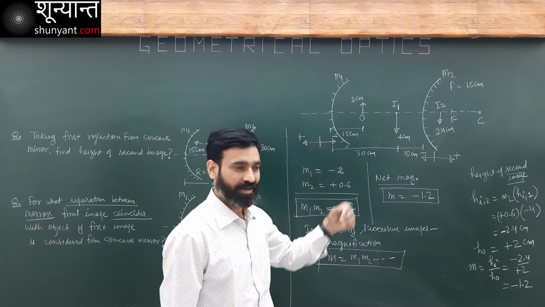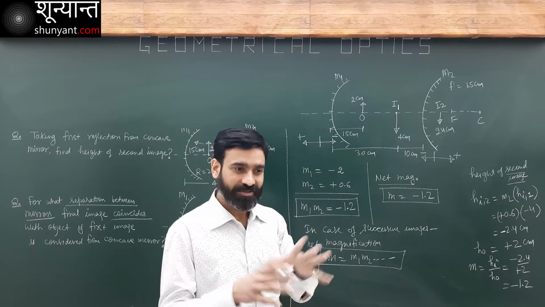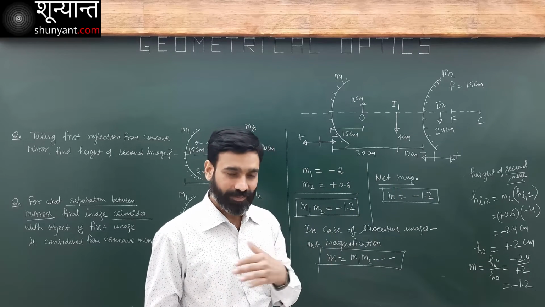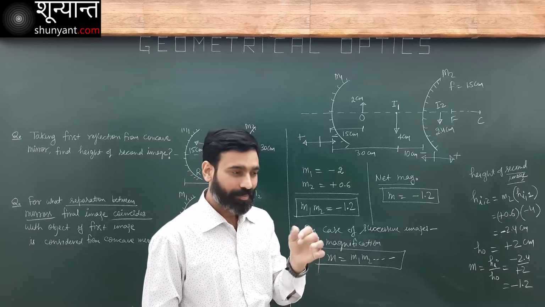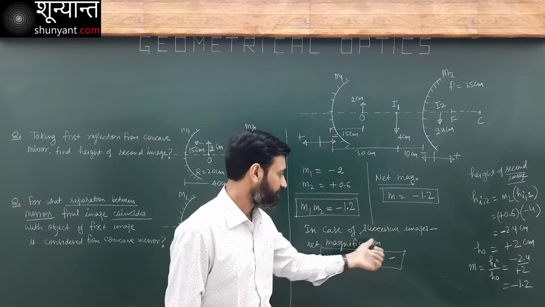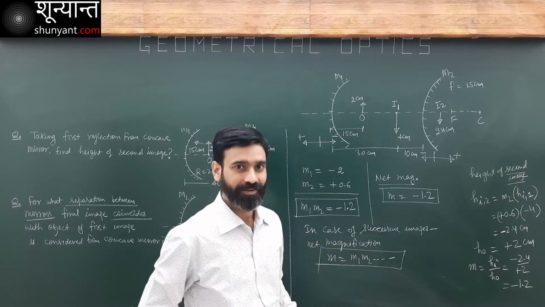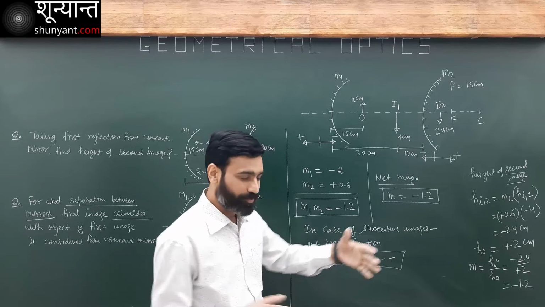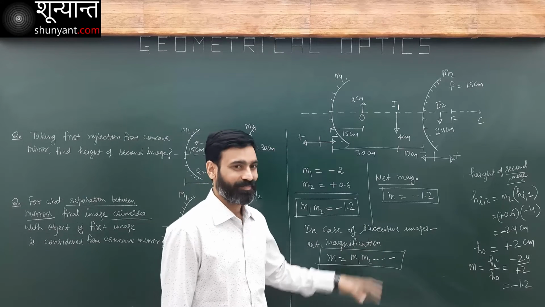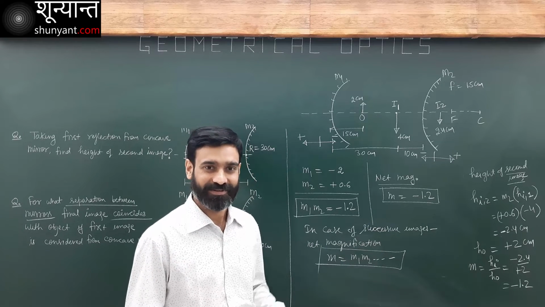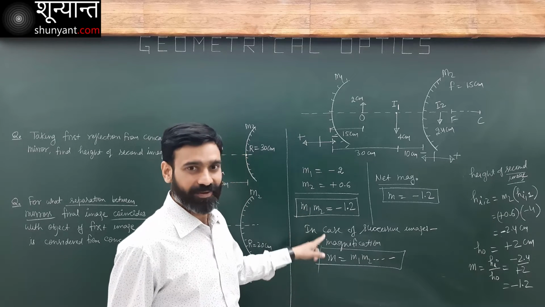First magnification, first image, then second, then third, then fourth. Many images will be formed because of multiple successive reflections. In each step, some magnification is produced: M1, M2, M3, M4. The net magnification is going to be equal to the product of all of them. This is very, very important. You have to remember this, keep this in mind. Will you remember it?